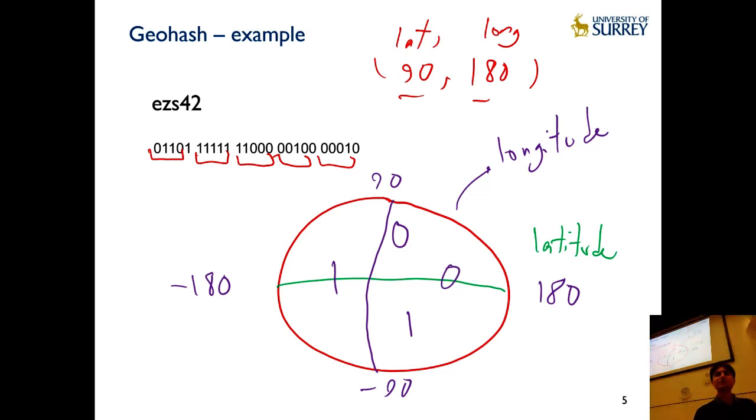And if I tell you now something is in 0, 1, I'm starting with latitude, longitude. The first bit is latitude, the second bit is longitude. 0, 1, which area is it going to be? It will be here, right? Let me show it in a different color. It will be here.